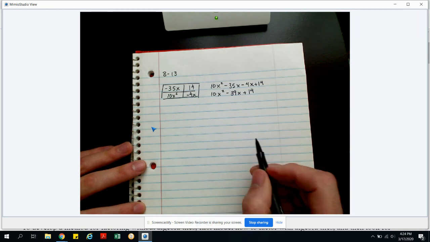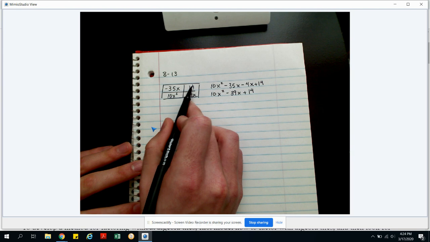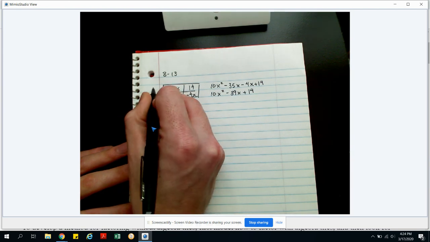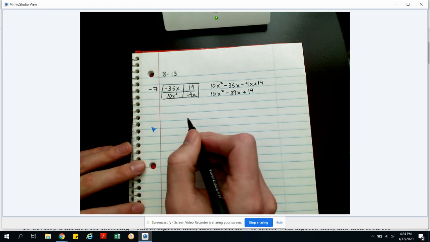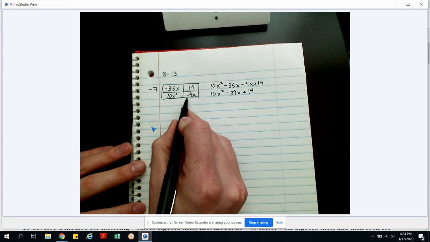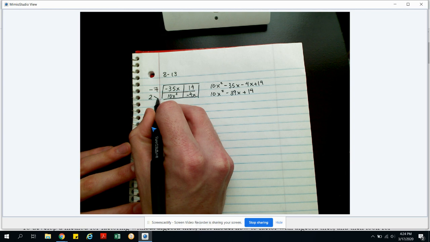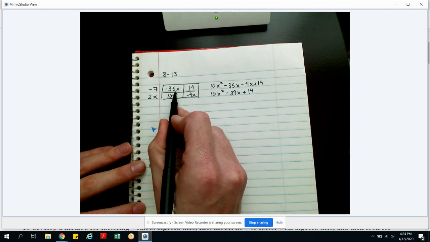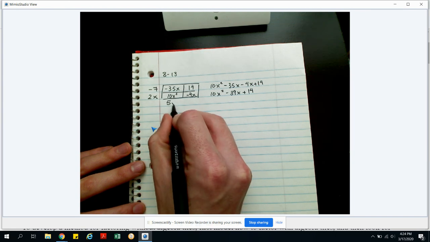Now as a product. So I'm going to factor each row and each column. So the greatest common factor of 35 and 14, I'm going to have 7. It's bordering a negative term, so we're going to make that a negative 7. All right, 10x squared and negative 4x, so I can factor out a 2 and an x. 10x squared and negative 35x, I can factor out a 5 and an x.